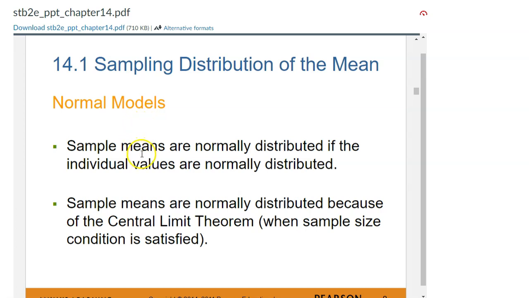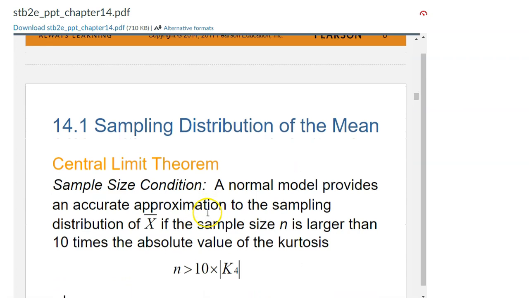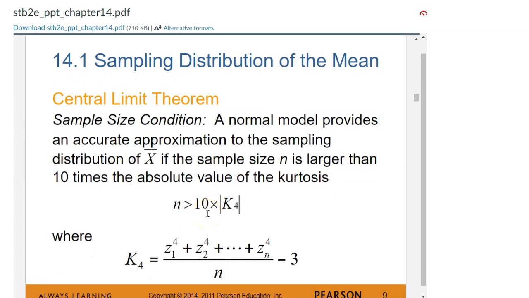If you don't have normalized data, you cannot use those methods because those methods require normally distributed data. So sample means are normally distributed if the individual values are normally distributed. Sample means are normally distributed because of the central limit theorem. Hopefully you remember that from Stat 1 or basic statistics.